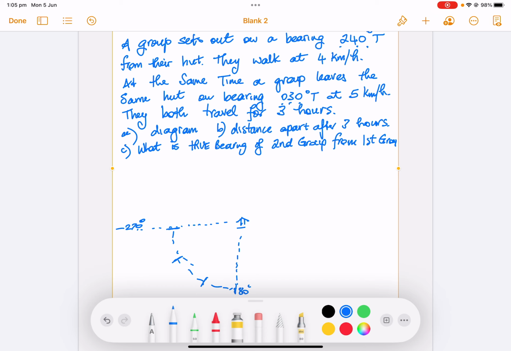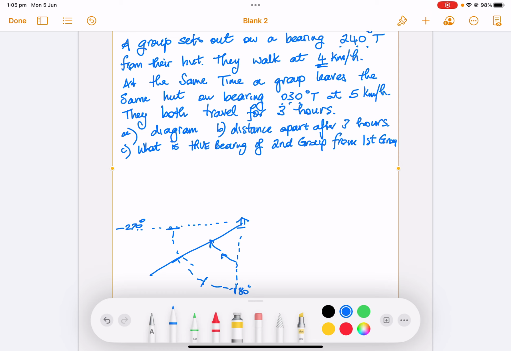Now every 30 degrees, that's 210, 240. So what we have is a group setting out this way for 3 hours, at 4 kilometers per hour.